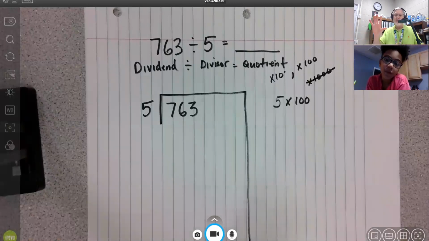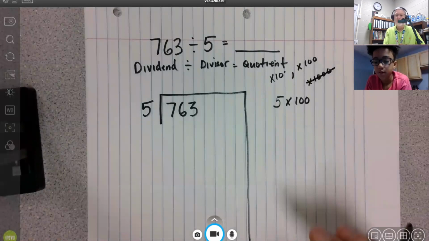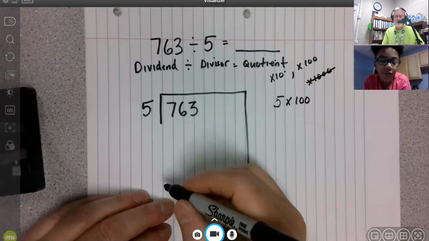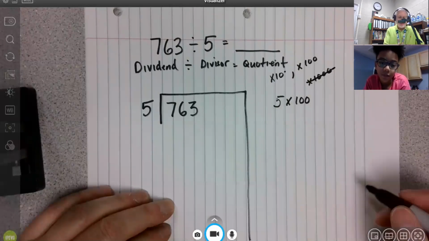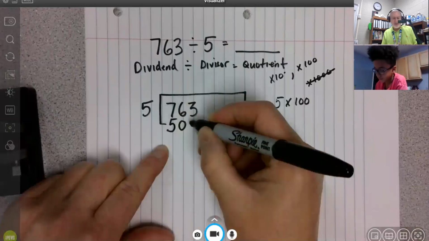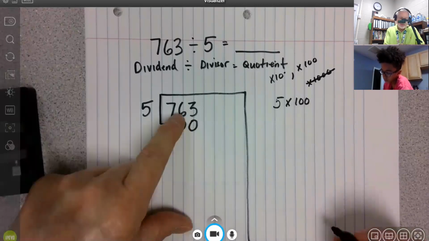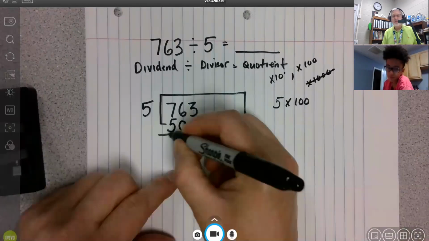Now I have 5 of them. 5 groups of 100. 500? 500. So I can go ahead and subtract 500 from 763 because this number is smaller than that. All right?